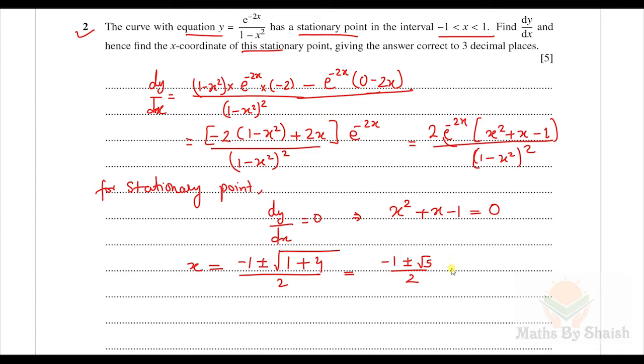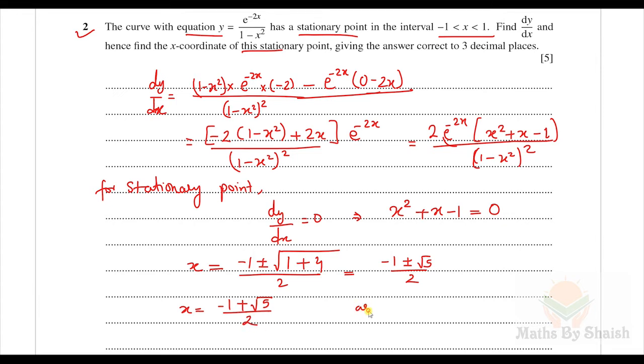Now we have two values of x, but we will not take the minus sign, because we need x between -1 and 1. If we take the minus sign, the value would be less than -1, so we will not take it. So the only possibility is -1 plus root 5 over 2.